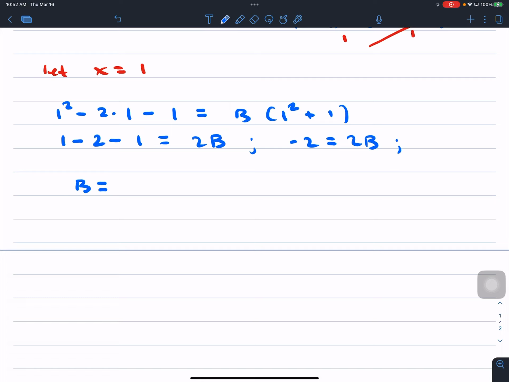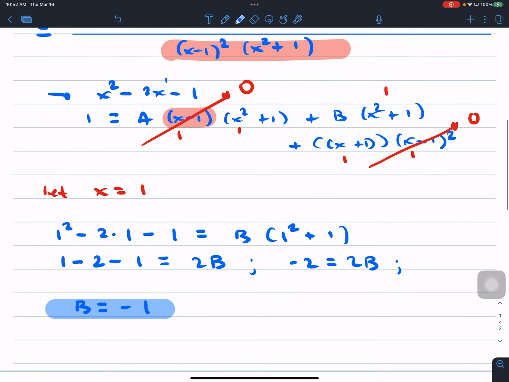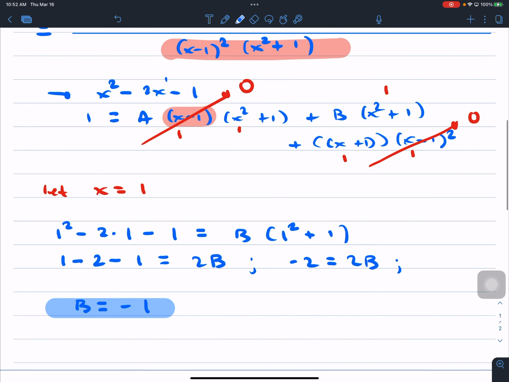What is b? Negative 1. Okay, you guys okay with that? So far, so good? Because this might be the hardest part for some.